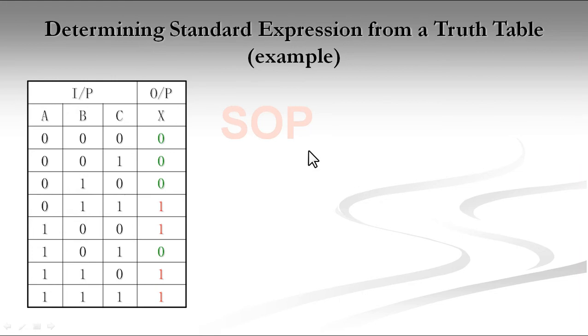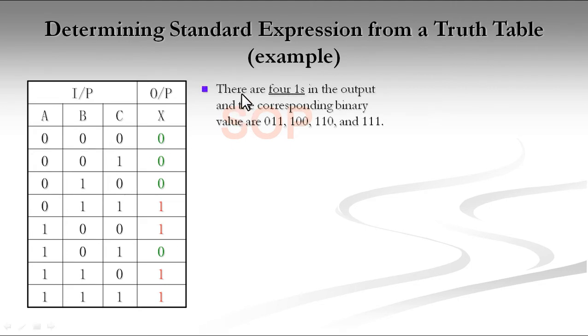So moving to the solution part, for the SOP, we will be considering output as 1. There are 4 ones in the output, which are marked in red. Their binary values are 011, 100, 110, 111.